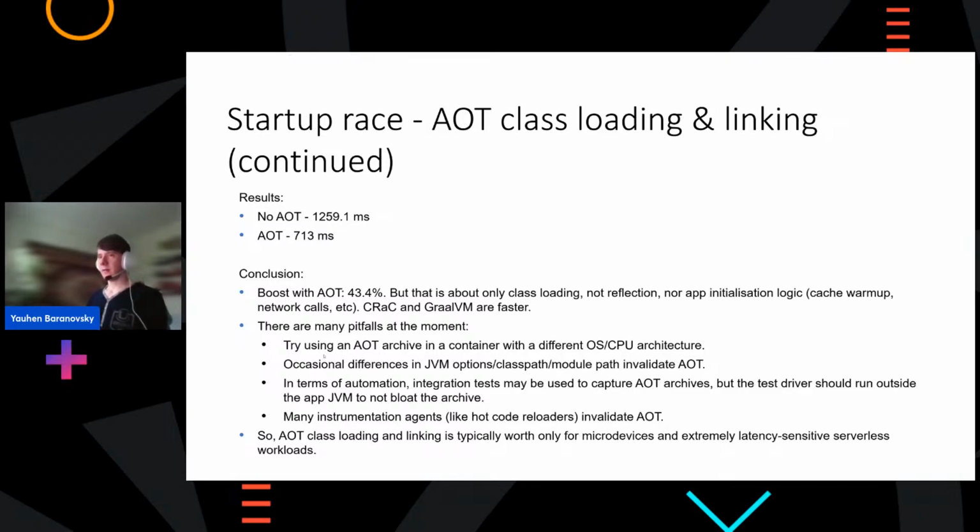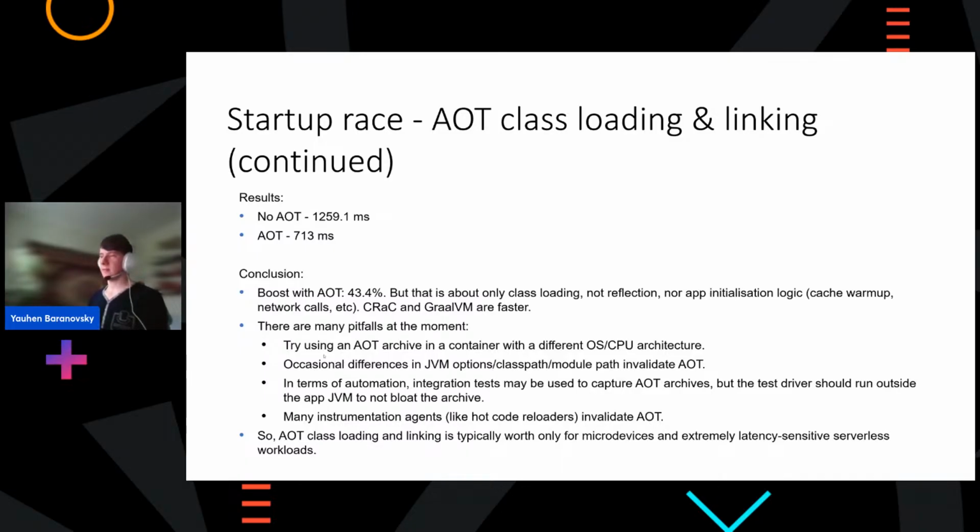And there are some pitfalls associated with the AOT class loading technique, because it heavily depends on the assumption that the environment in which you create the AOT archive is pretty much the same as the one you use in production. So this must be the same operating system.